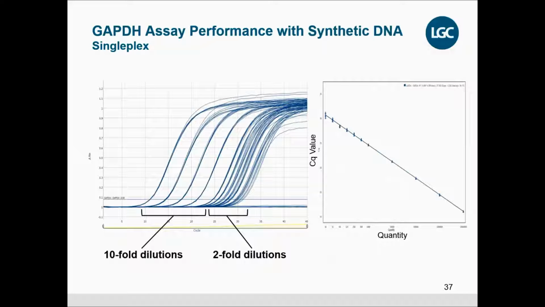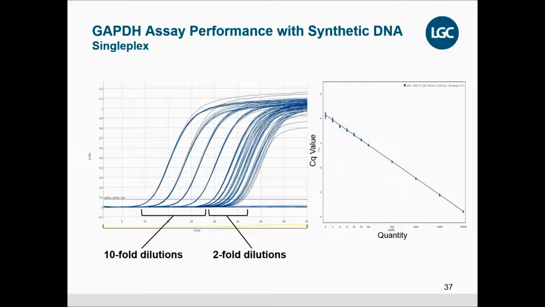So this is an example. Before I show all the data, I'm going to start with just GAPDH and look at assay performance with our synthetic target. So at this point, it's not RT-PCR. We're just looking at how well our primers and probes are working, in a singleplex format of this assay.